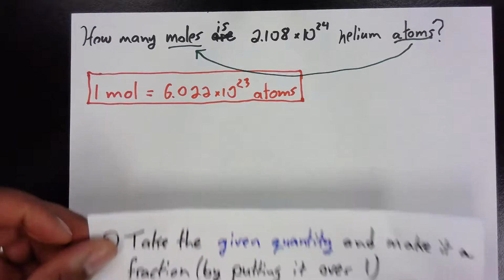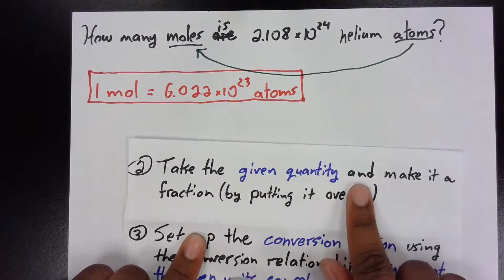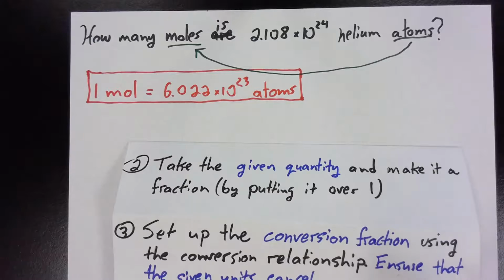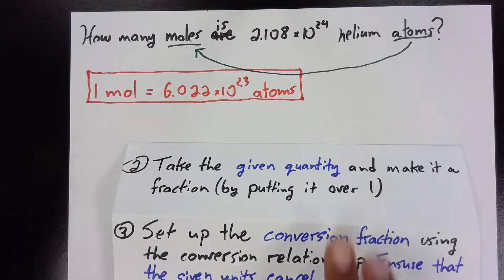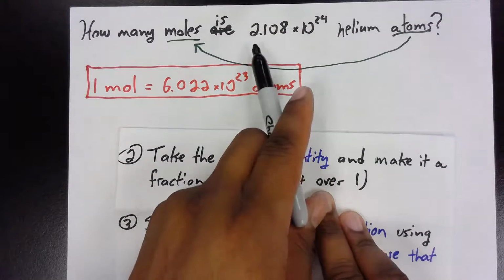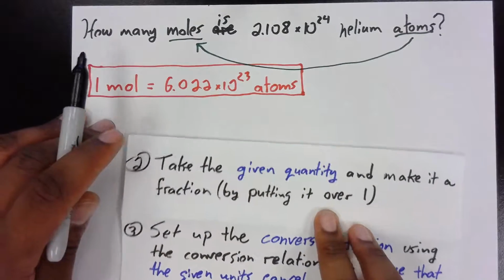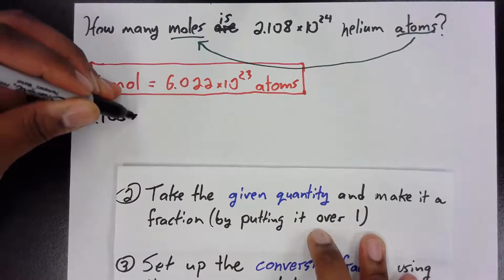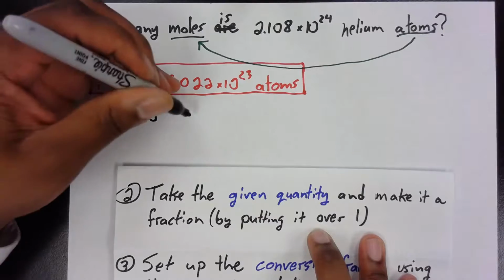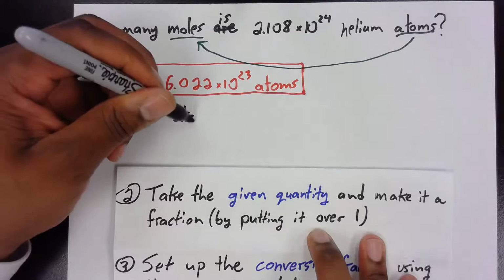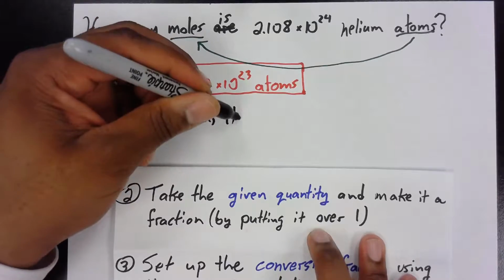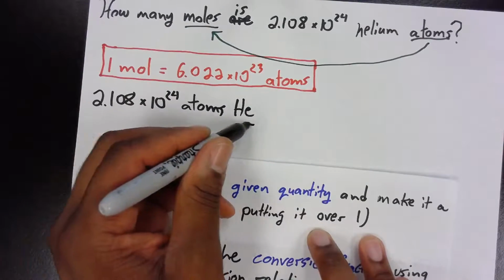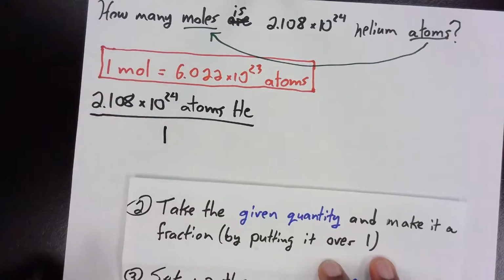What now? We're going to take the given quantity and make it a fraction by putting it over 1. Here's what I mean by that. What's given to us is 2.108 times 10 to the 24th atoms of helium. I'm going to make it a fraction by putting it over 1.